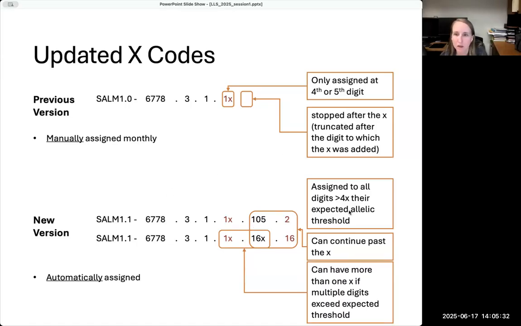But with the new version, they're assigned at any digit that's greater than 4 times the expected threshold. Again, if it's below 4 times the expected threshold, it will not be given an X, but it can continue past the X. Here in this first one, even though there's an X at the 4th digit, there's still a 5th and a 6th digit. And you can have more than one X in the same allele code if multiple digits are exceeding their expected threshold.